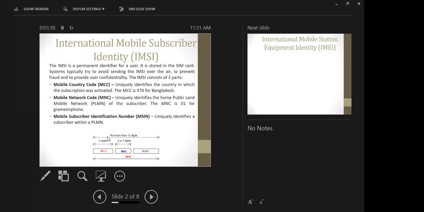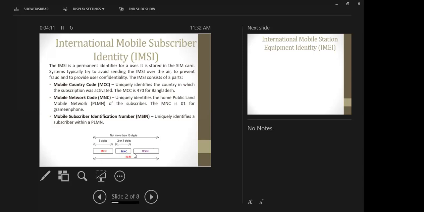The second part of the IMSI is the network code, and this is different for different operators. When a new operator comes in, the government gives it a new MNC. Grameen is given 01 and Robi was given 02. So if you can find out your IMSI, you should see that it matches your network operator.